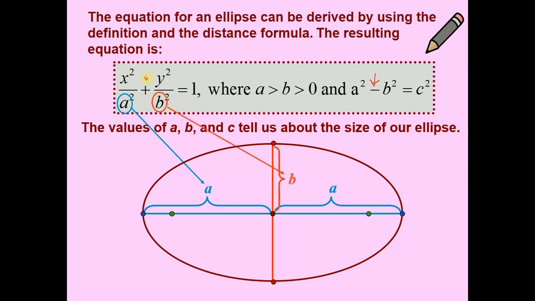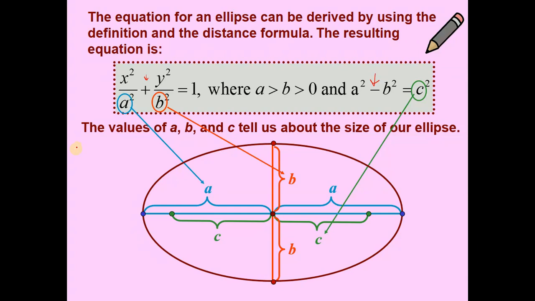B is the distance from the center to the co-vertices. So B is after, it's the second. That's why co is the second as well. And then C, notice how C is not located in the equation of an ellipse. So most of the time we're going to have to use this formula to find our C. C is the distance from the center to the foci, or the focus. Foci is two focuses.